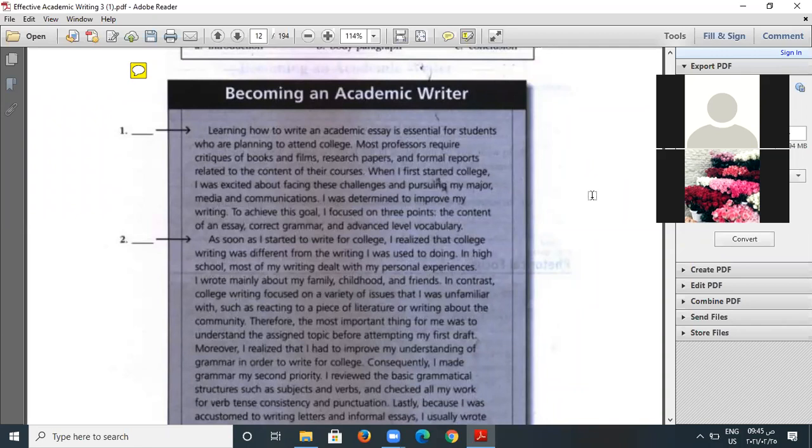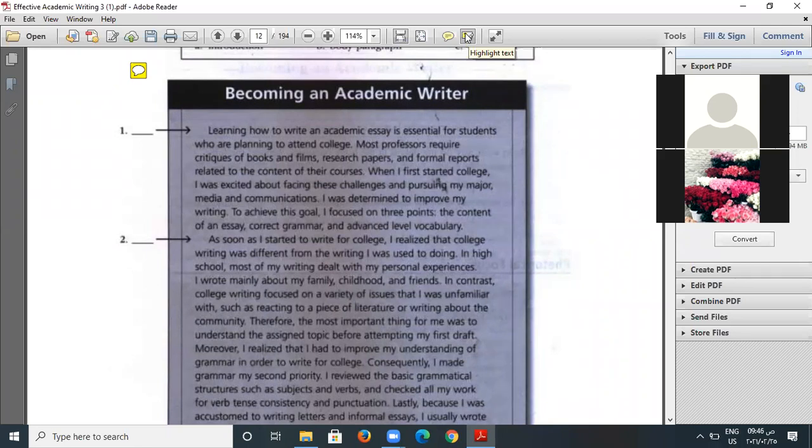In contrast, college writing focused on a variety of issues that I was unfamiliar with, such as reacting to a piece of literature or writing about the community. Therefore, the most important thing for me was to understand the assigned topic before attempting my first draft. Moreover, I realized that I had to improve my understanding of grammar in order to write for college.